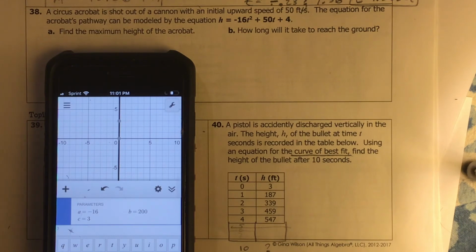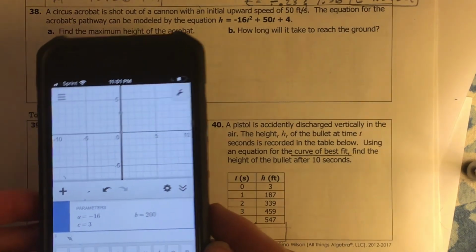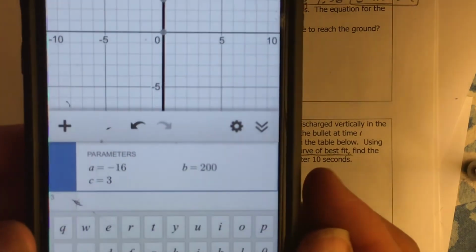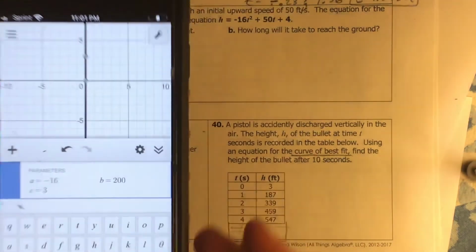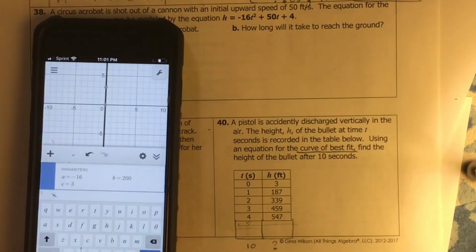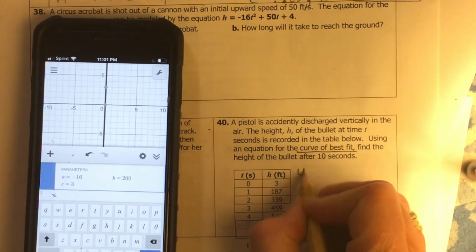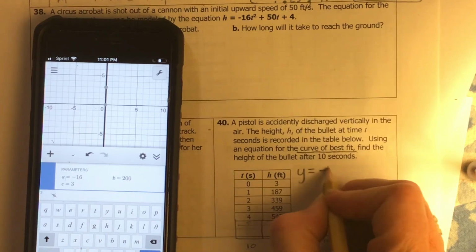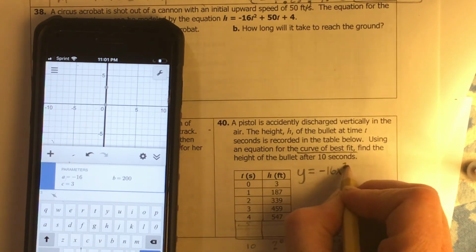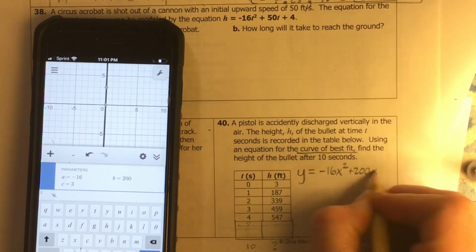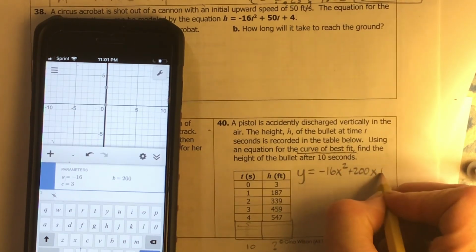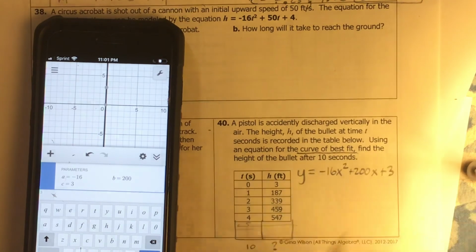Okay, so it says negative 16, 200, and c is 3. Okay, so I'm going to use that as my equation. Y equals negative 16x squared, that's my a, plus 200x, that's my b, plus 3 is my c. Okay.